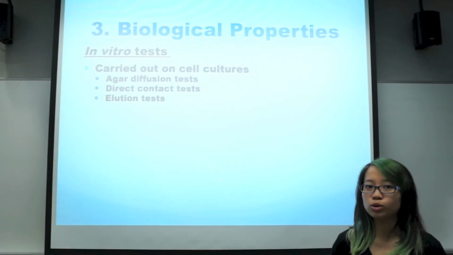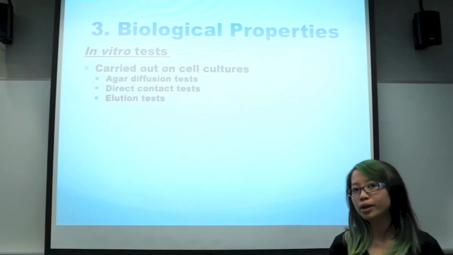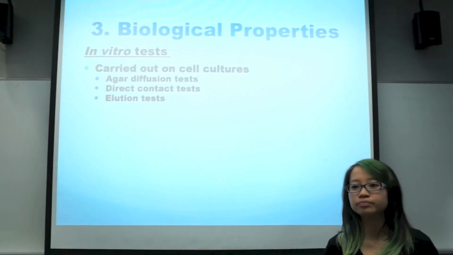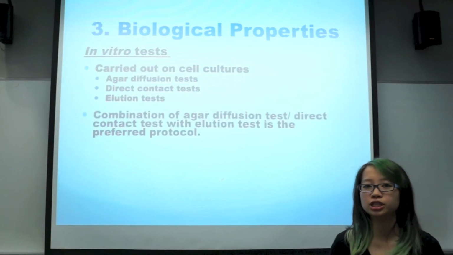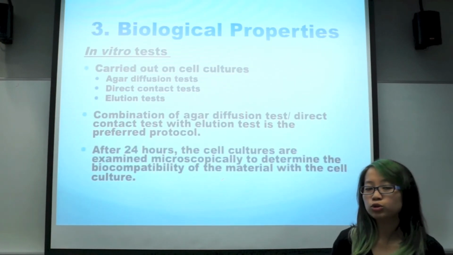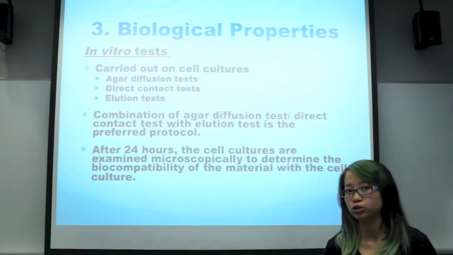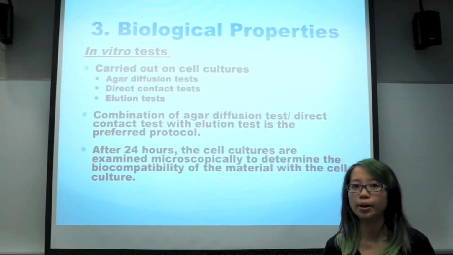The elution test works a bit like a pour plate method. So you basically take the material extract and you mix it with the cell media and then you plate it. So you can use different combinations of these tests to give you the desired results. And after 24 hours, the cells in these tests are examined under the microscope to see if they're compatible with the material.